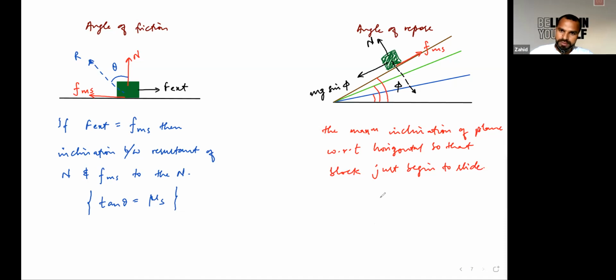Now, if you further solve it, you will get tan phi again equal to mu static. So from this, you can conclude angle of repose and angle of friction are always equal.